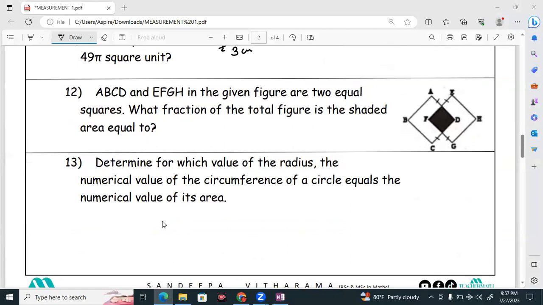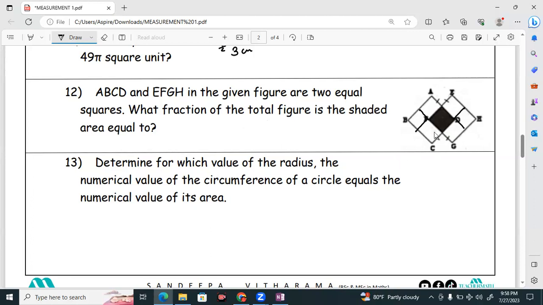A, B, C, D, and E, F, G, H in the given figure are equal squares. What fraction of the total figure is the shaded area equal to? In this case also, you have to check what portion they have shaded.